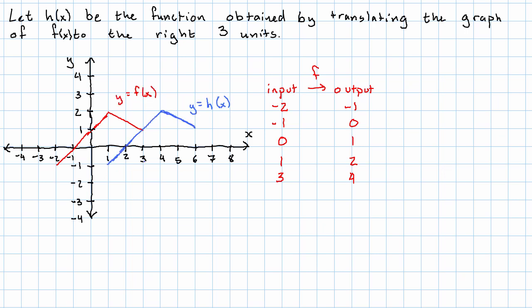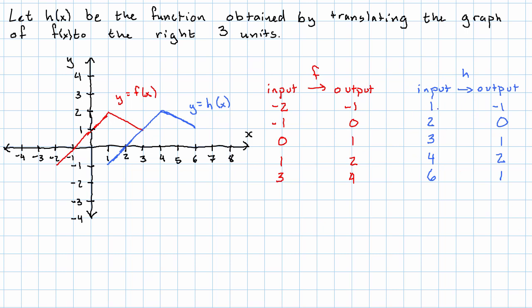So we see every point on the blue graph is 3 units to the right of the corresponding point on the red graph, which again gives us a new input-output table. When the input is 1, the output is -1. When the input is 2, the output is 0. We have 3, 1, then 4, 2, and when the input is 6, the output is 4.